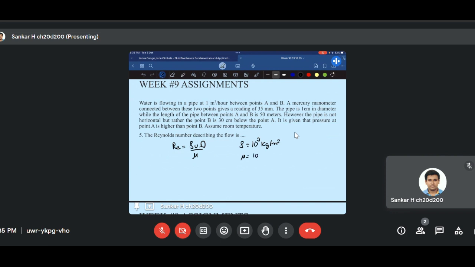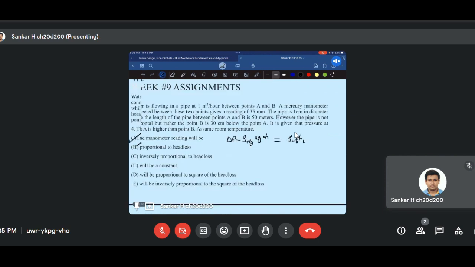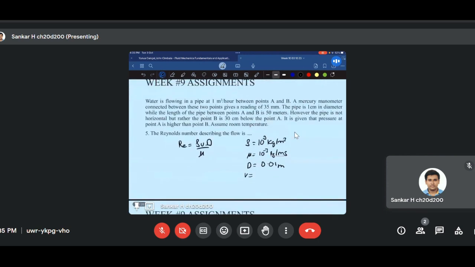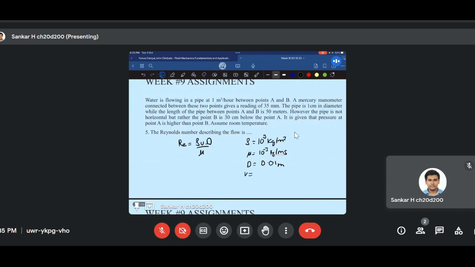The viscosity is 10 raised to minus 3 kilogram per meter second, and the diameter is 0.01. Sorry, it's not centimeter, it's in meters. And the velocity we just found a couple of questions previously is 3.53 meters per second.